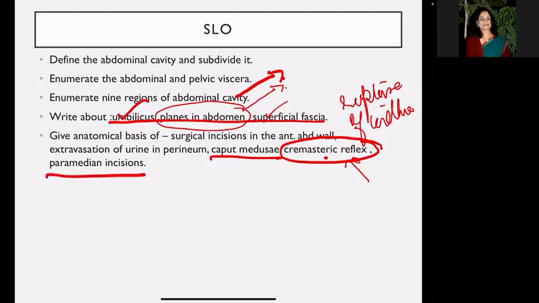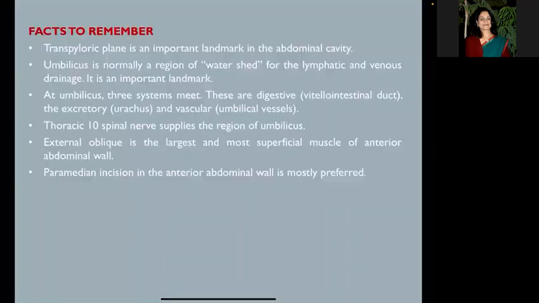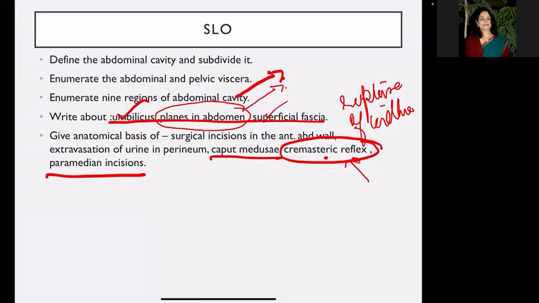And paramedian incisions are important, as they are mostly preferred by surgeons, because along the paramedian incision the muscle is only reflected and not cut. So the muscles are not cut, only reflected, so they will heal with minimum scar.